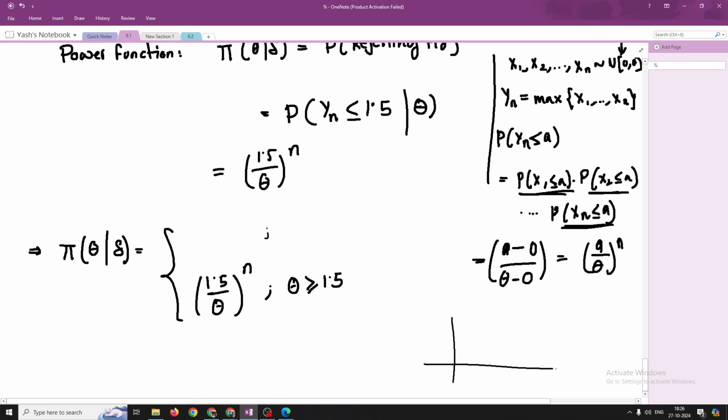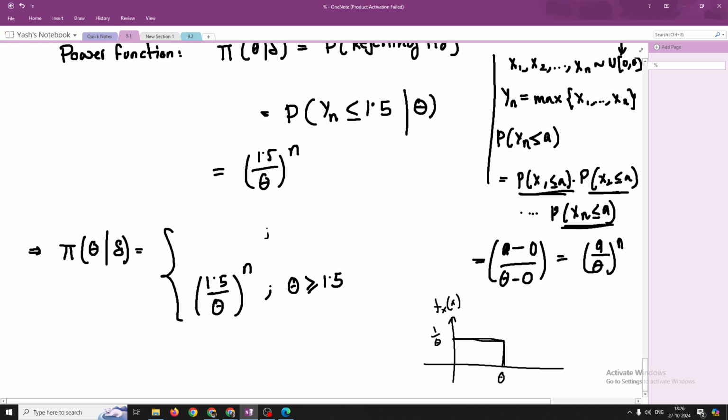So this is, let's say, any uniform distribution. Let's say this is 0 to theta and this is 1 by theta. This is your density, and this is how your uniform distribution looks.